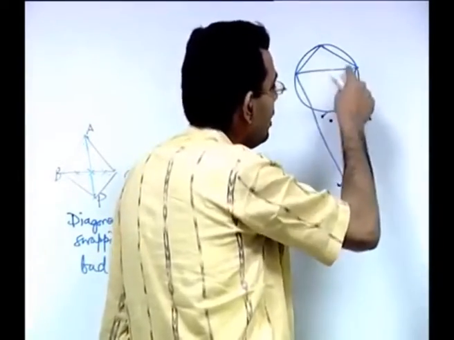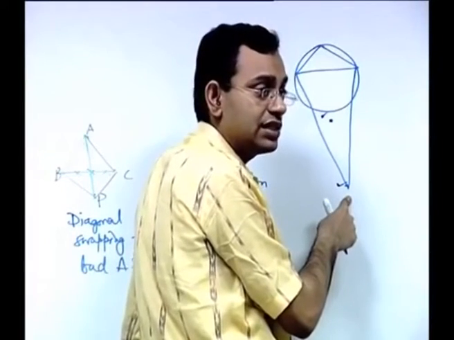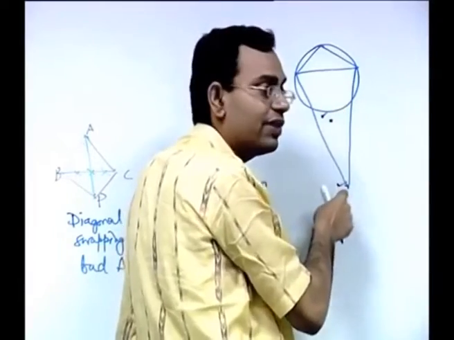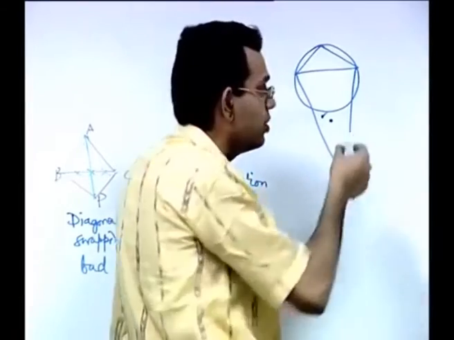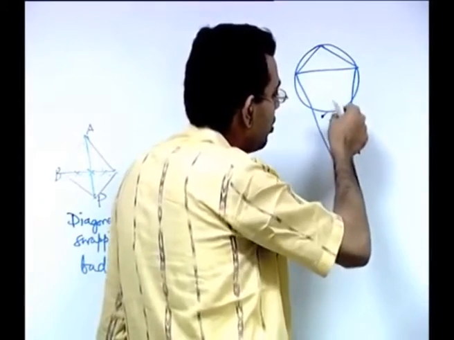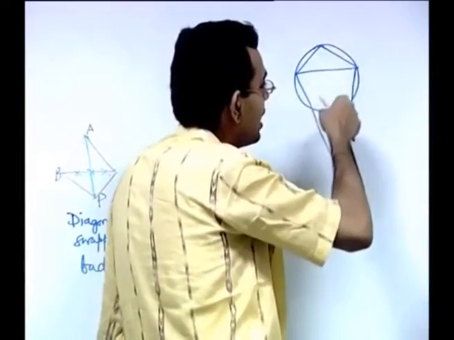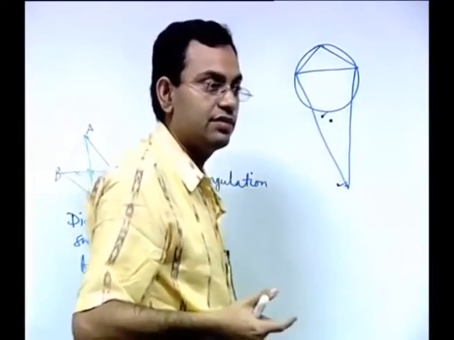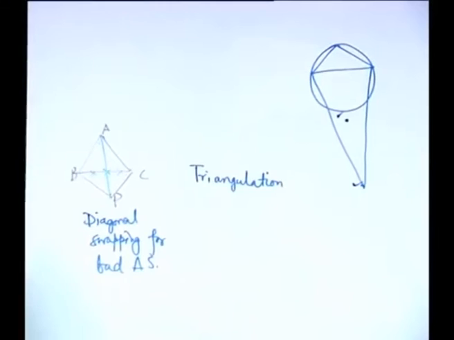You have a triangle, you just insert an arbitrary point, then make the circumcircle test. If the test is satisfied, it is fine, whether it is very close or very far away does not matter, because if refinement is required, you can always do that. So once this point is located outside the triangle, it is fine, and once it is inside, then you can make the diagonal swapping to make it alright. So either way, if it is outside, then straight away it is fine, if it is not outside, the diagonal swapping will make it fine.